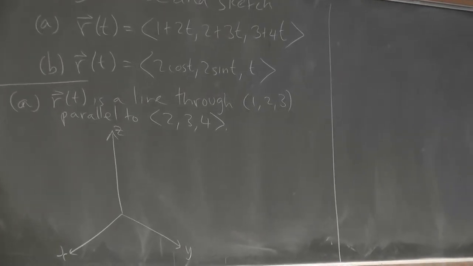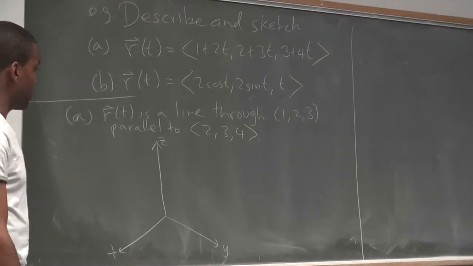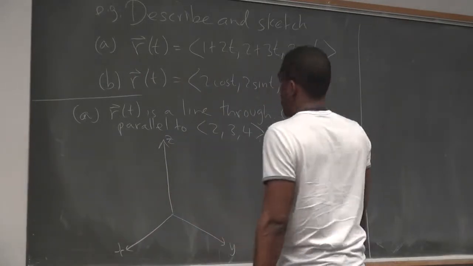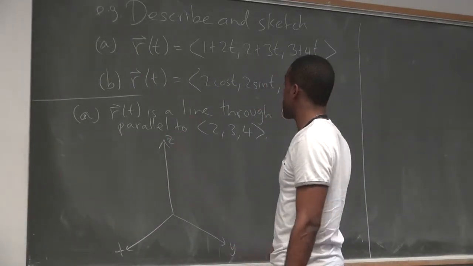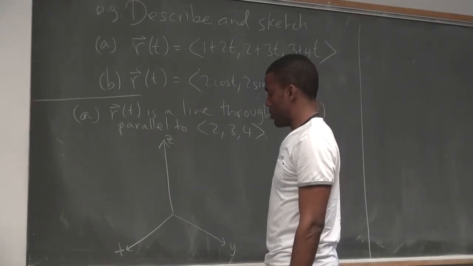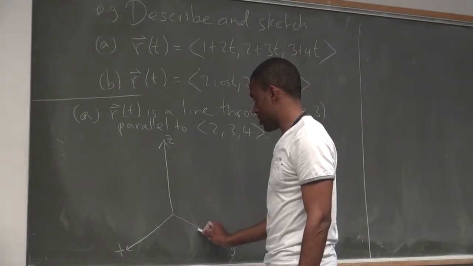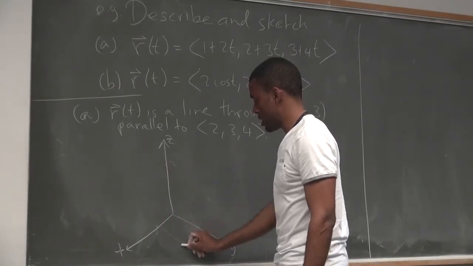But so I know the vector 2, 3, 4. It's sort of pointing out this way, in the first octant. And 1, 2, 3. Sort of combine these guys.